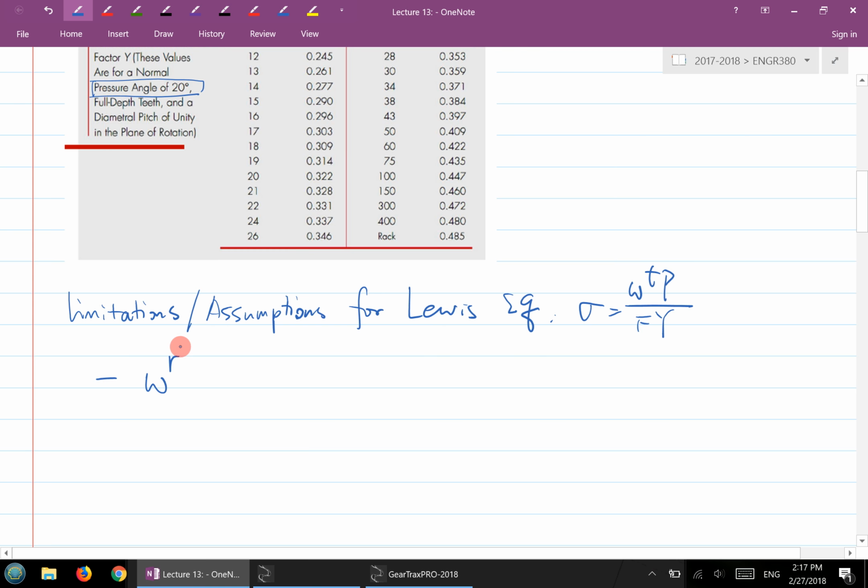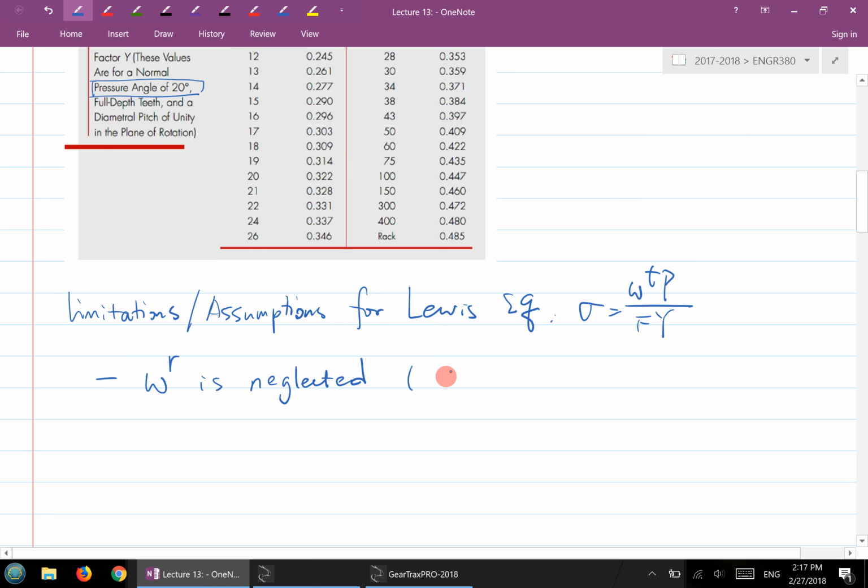The other load, the radial load Wr, is neglected. The neglect of Wr doesn't necessarily mean it's a bad thing, because Wt generates a bending normal stress, a stretch level, and Wr generates a compressive normal stress, right? So by neglecting Wr, you're essentially being more conservative.